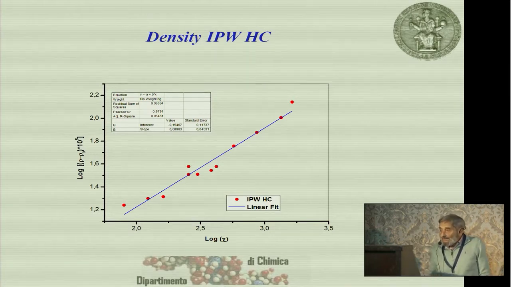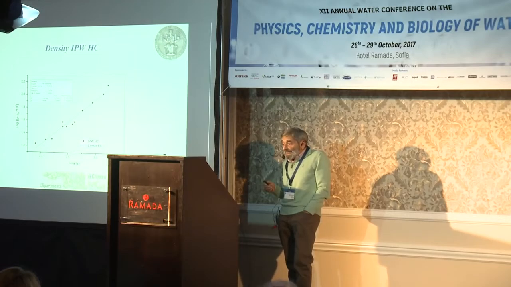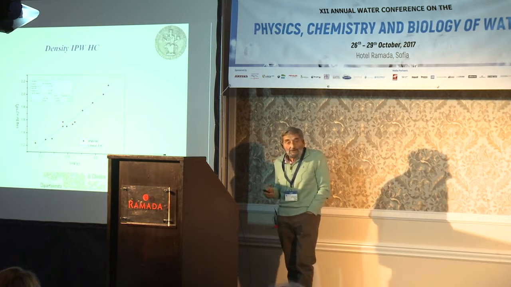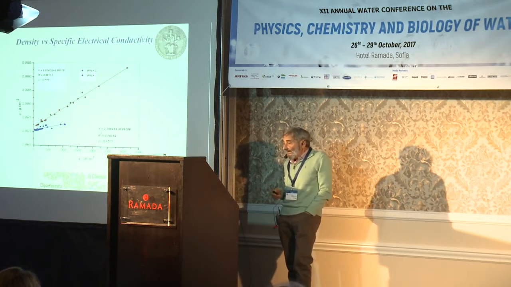The density parameter, here reported as the log of density as a function of the logarithm of conductivity, also follows a linear trend in a log-log graph. And this additional property further reinforces the hypothesis of the fractal nature of the aggregates.